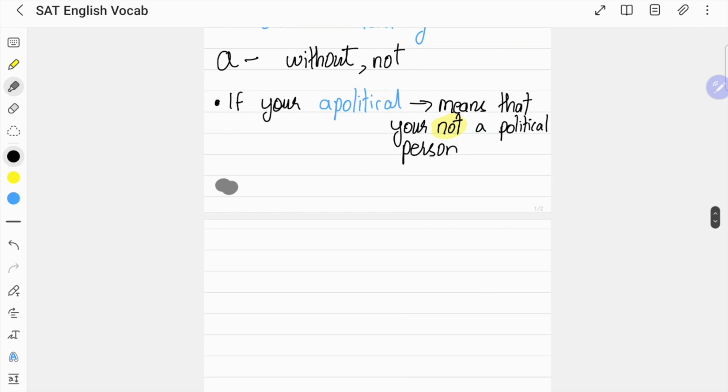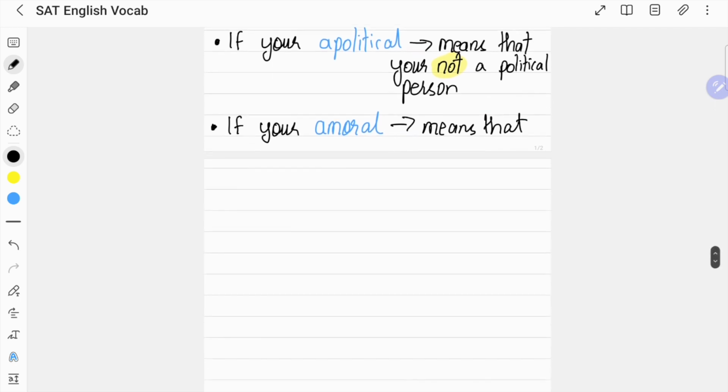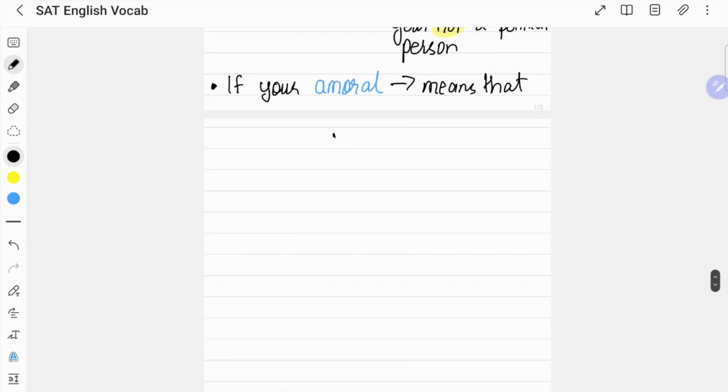Let's take another word. If you're amoral, this means that you're not concerned with the morality of the situation or person. I think situation would be more correct.